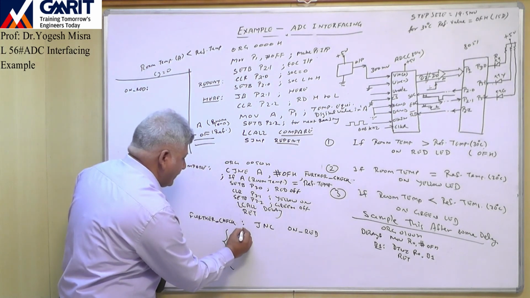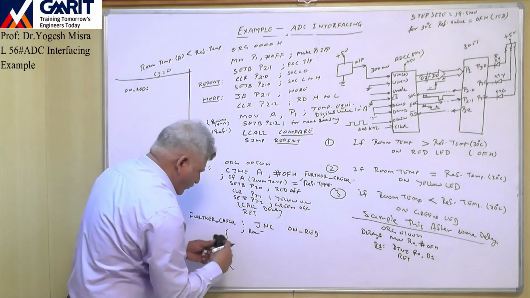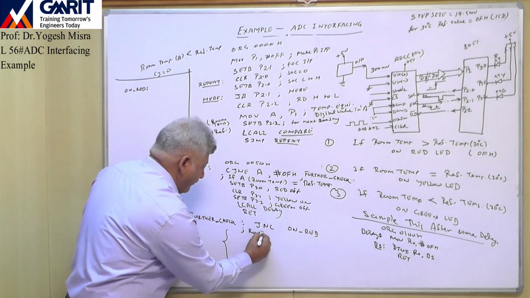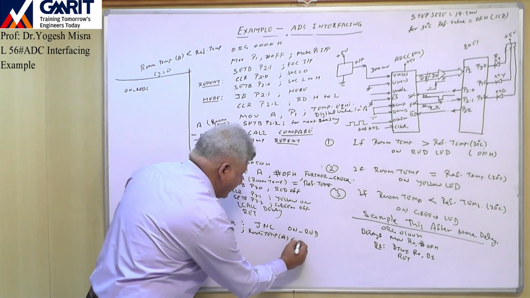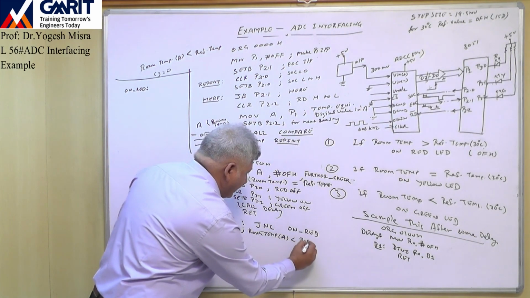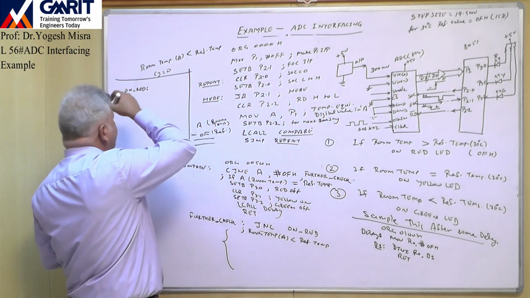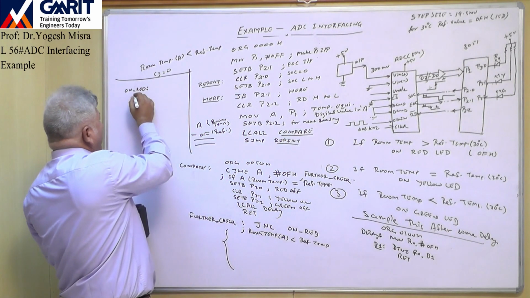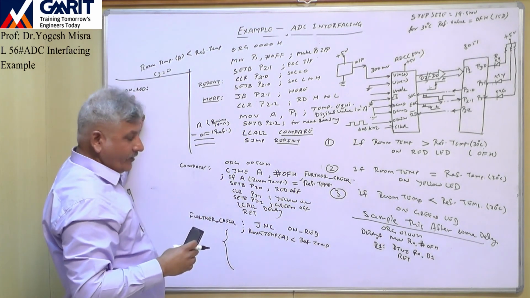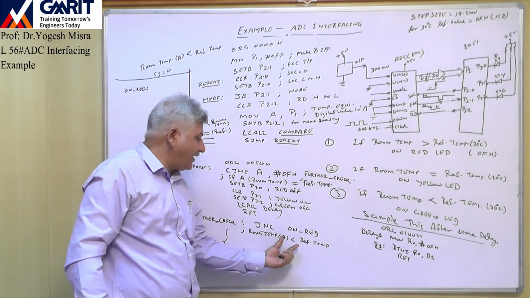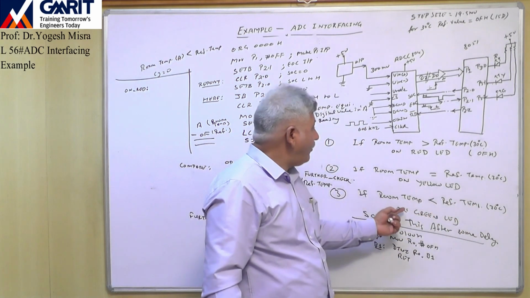For these sets of instructions, I will write the comment here: when room temperature, that is the value of A, is less than reference temperature. And here, when the room temperature is greater than the reference temperature. So if room temperature is less than reference temperature, then we have to turn on the green LED.